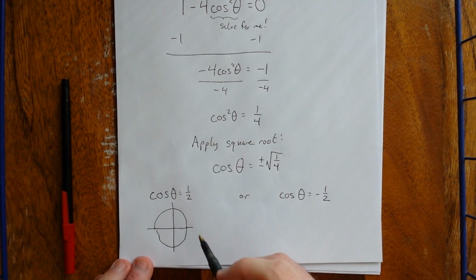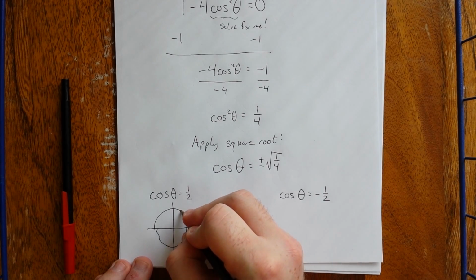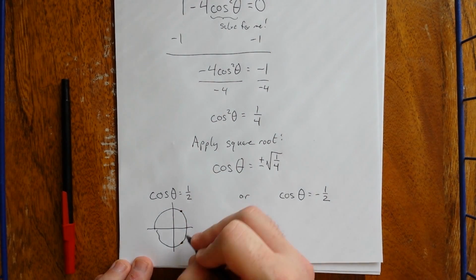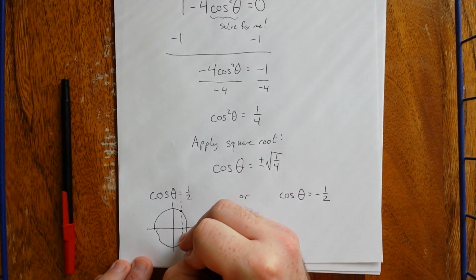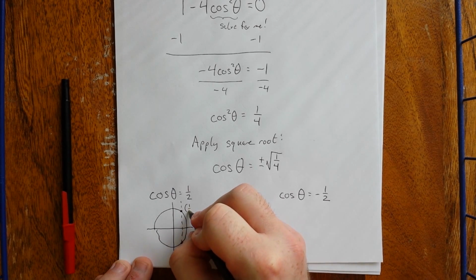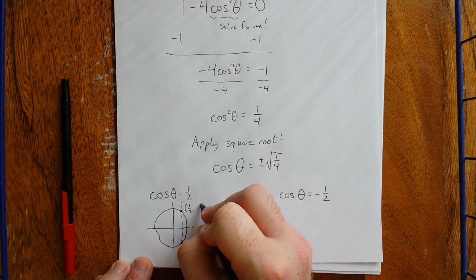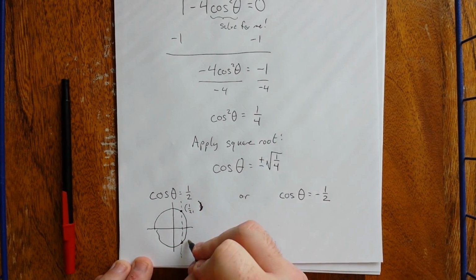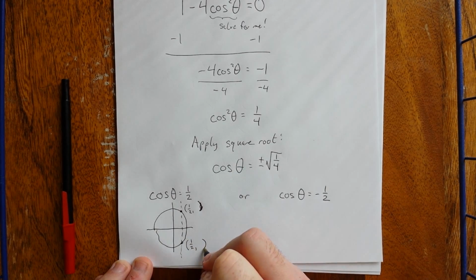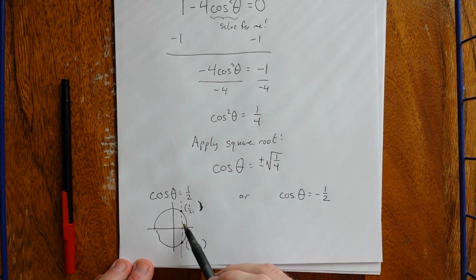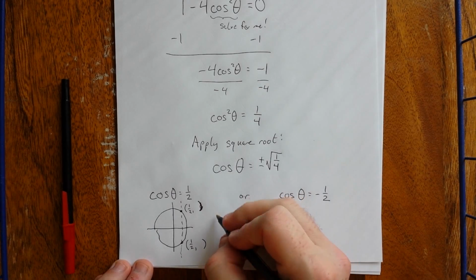On our unit circle, the cosine of theta is equal to 1/2 at two different points. There's a point in quadrant 1 and a point in quadrant 4, both of which have an x-coordinate of 1/2. We don't really care what the y-coordinate is. If you take a look at the unit circle, you should be able to figure out what those two values are.